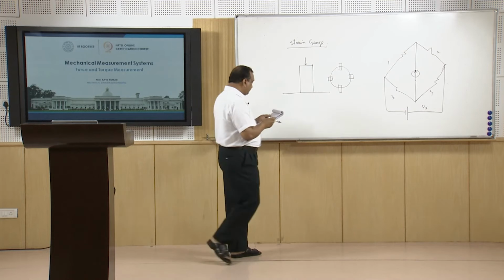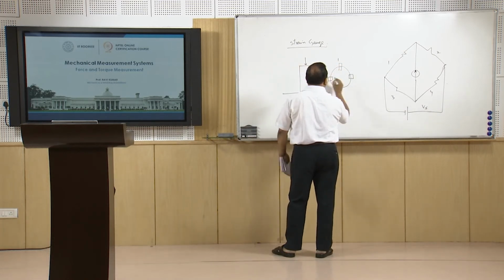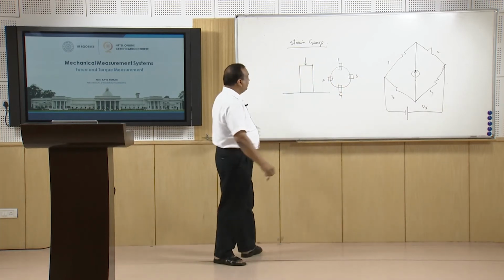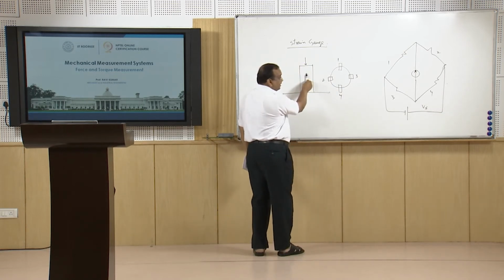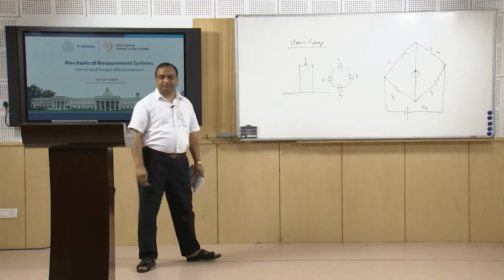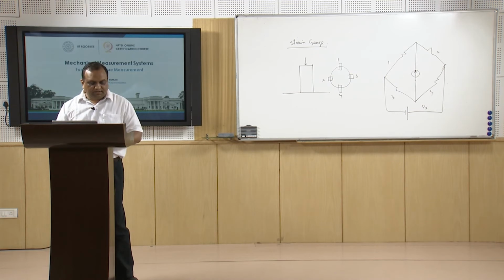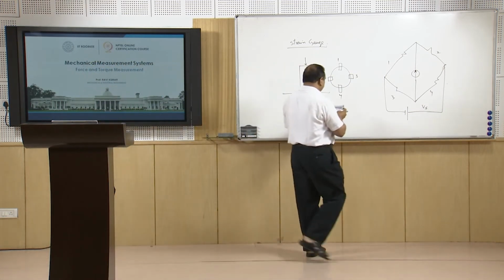So there are 4 strain gauges, 1, 2, 3, 4. 1 and 4 are along the axis, and 2 and 3 are perpendicular to the axis. Now, we will measure, because this is ABCD.